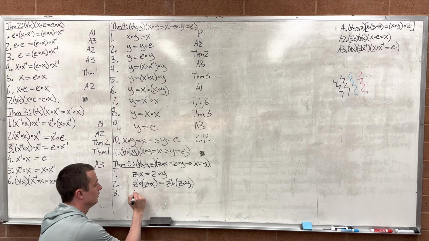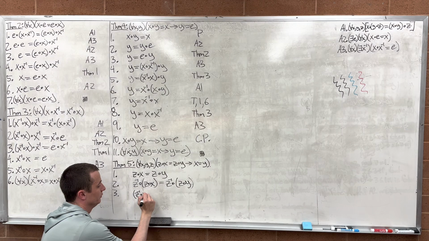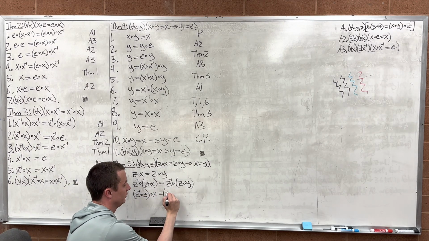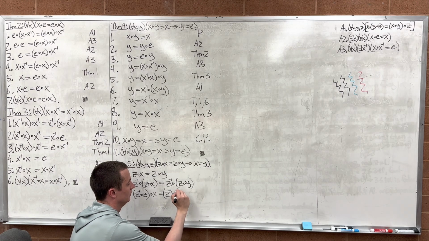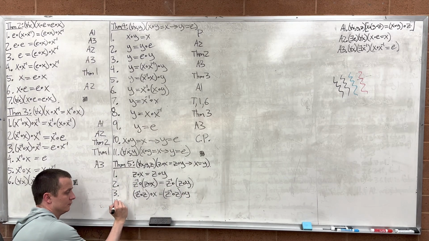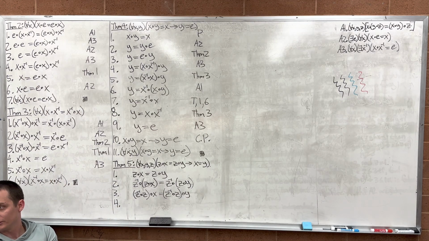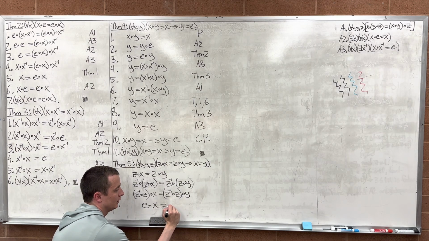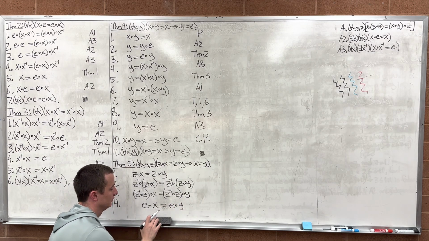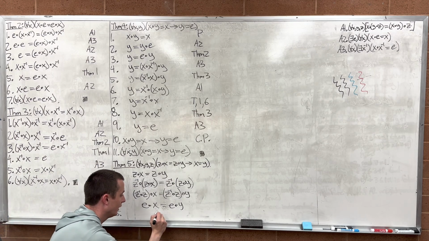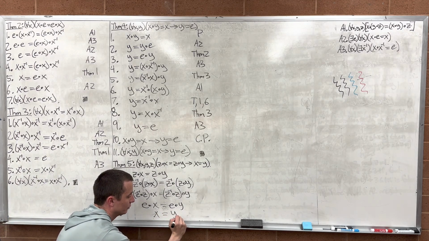So we can call this Z inverse compose Z, compose X, is equal to Z inverse compose Z, compose Y. And then Z inverse compose Z is the same thing as identity. So that's identity compose X is equal to identity compose Y. And then identity compose X is just X, and identity compose Y is just Y.